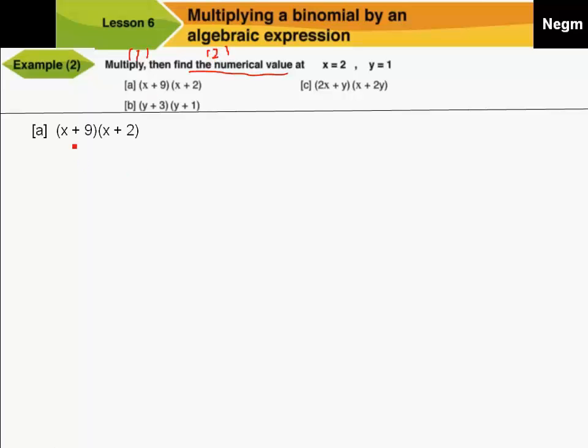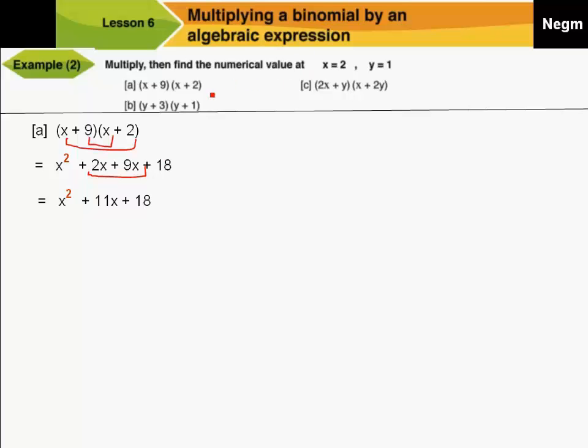Number A. X plus 9 times x plus 2 is equal to x times x, which is x squared, and here we have 9 times 2 is equal plus 18, and we multiply x times 2 is plus 2x, and 9 times x is plus 9x. This would equal x squared plus 2x plus 9x is 11x plus 18.